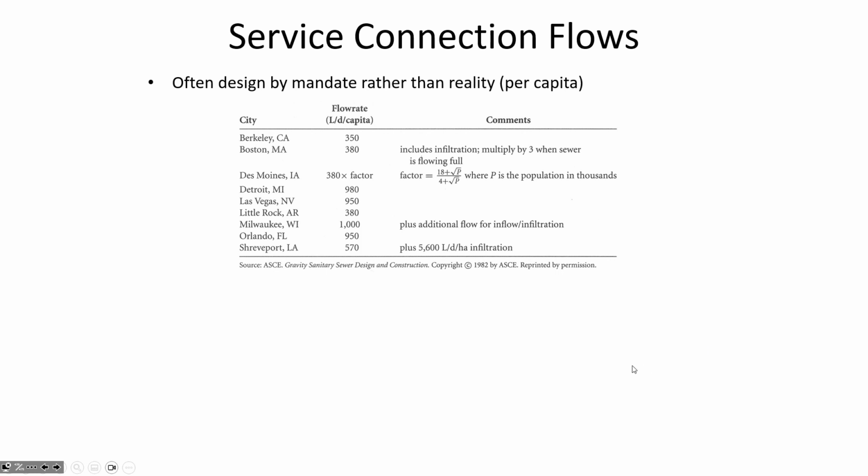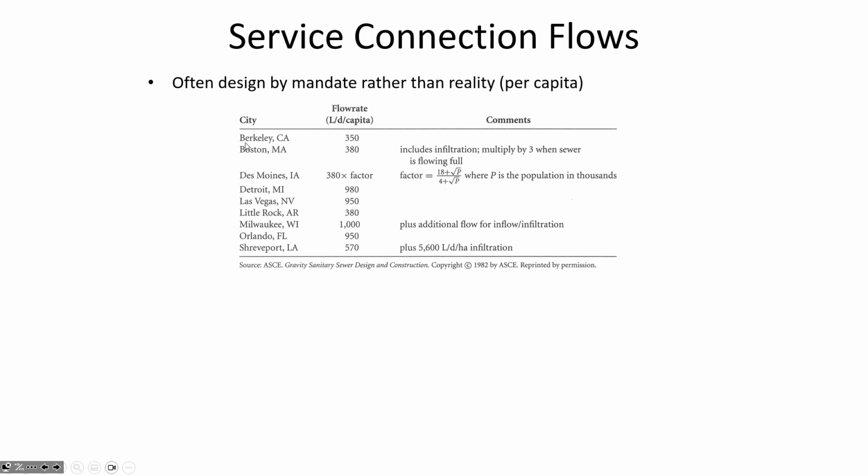So for example, there are some places like Milwaukee where their city ordinance says that you should assume 1,000 liters per person per day when sizing a sewer. Plus they say to allow additional capacity in the pipe for inflow and infiltration. So that's a really high per capita water assumption.